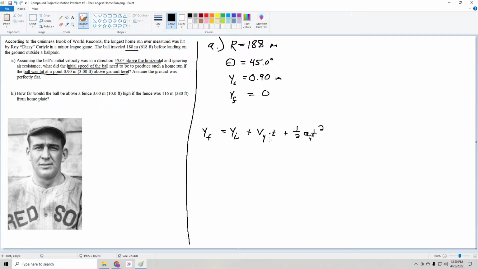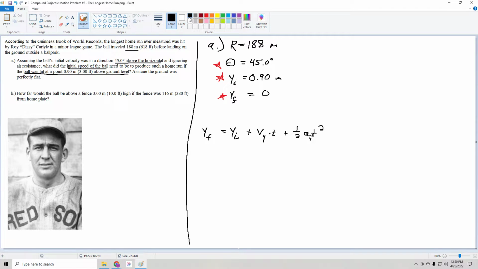Why would we use this one? Well, notice we were given this explicitly, and we know this quantity explicitly as well. It's also very nice that we have this. So it's just a very good starting point.